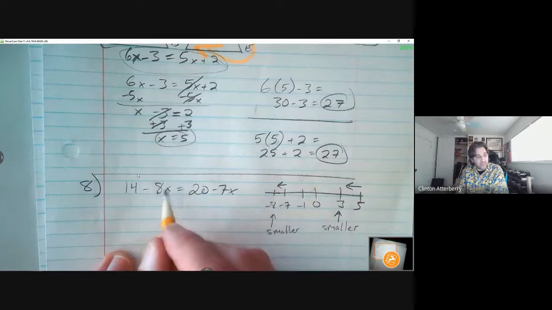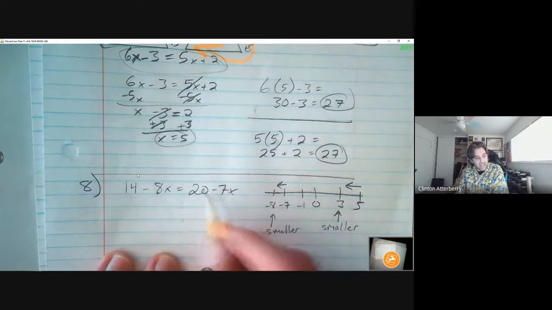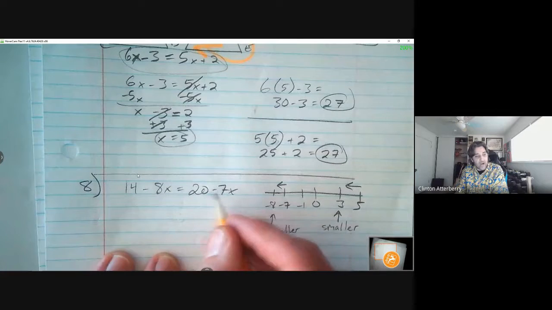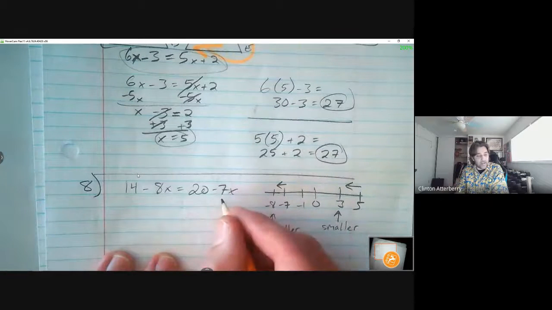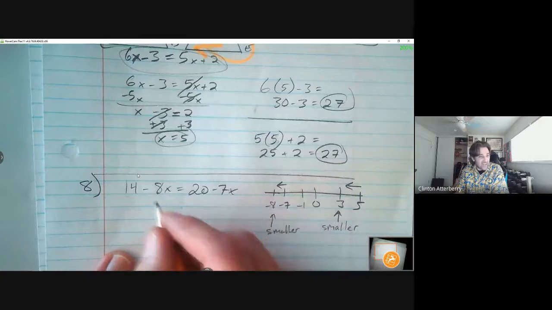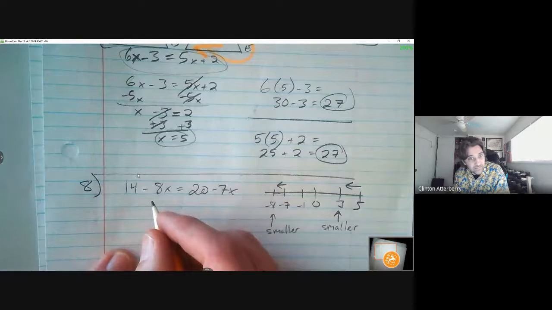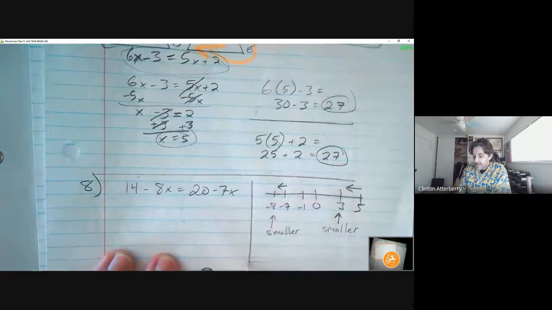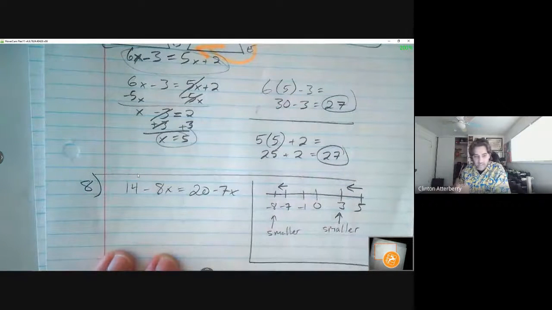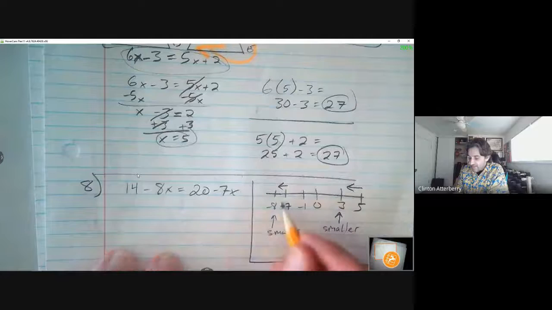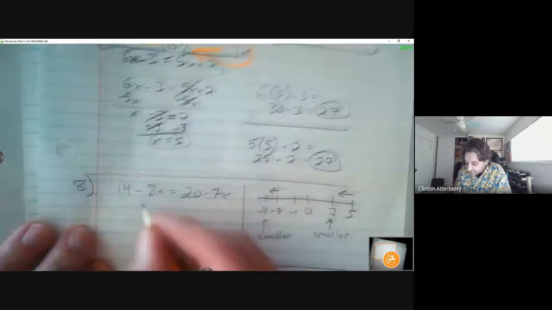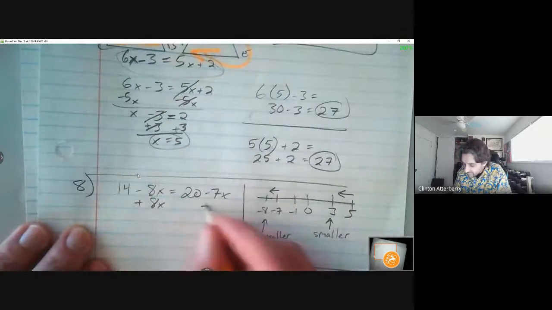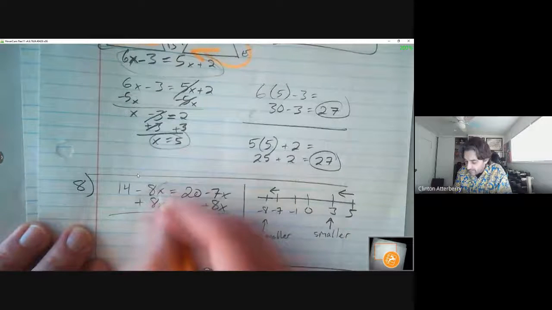So I'm assuming if you add 7 to both sides, if I add 7 to negative 8, I end up with negative 1. But if you do this strategy, and I know it's difficult because of negatives, and that's why I try to avoid negatives, if I add the negative 8 to negative 7, you end up with positive 1 now.